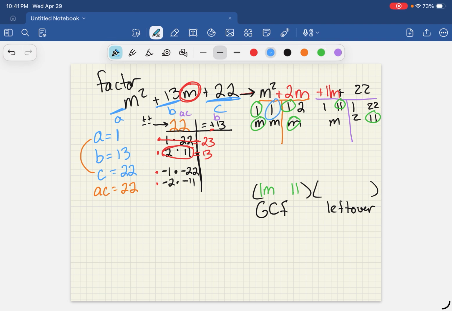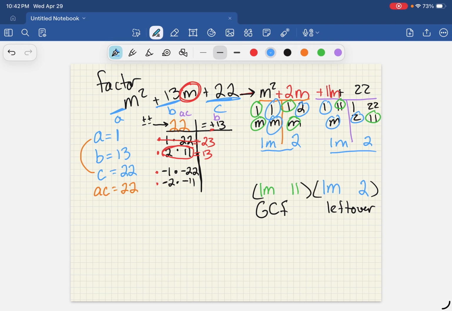What is left over? 1m and a 2. If we did everything right, those two things should be the same. In this case, they are. So I'm going to write those in the second parenthesis.